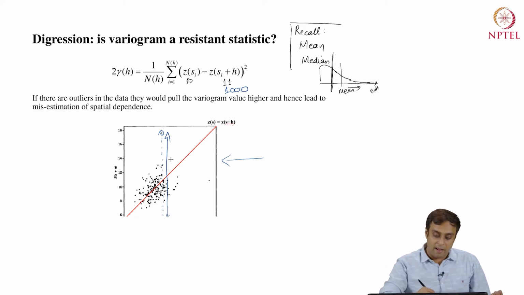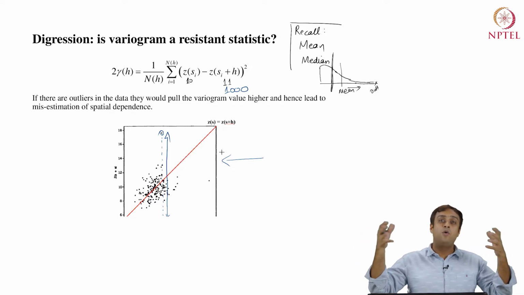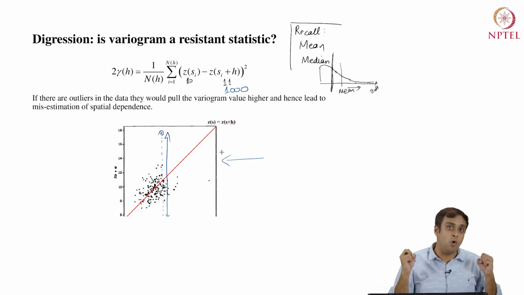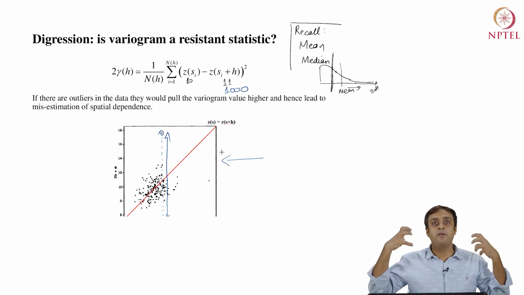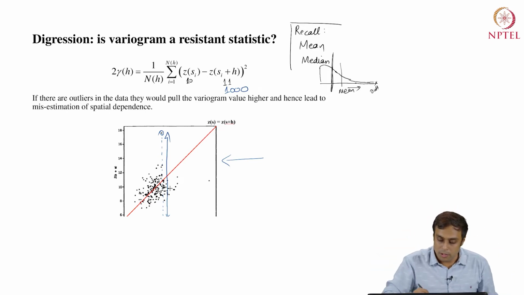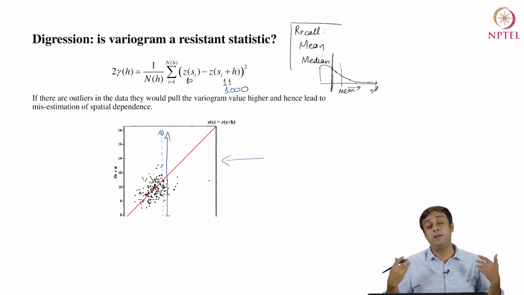If I include these, the data seem quite scattered and the correlation or the covariance in this data seem to be low. So the spatial dependence is becoming weaker due to this spread that the outlier values are bringing to this scenario.